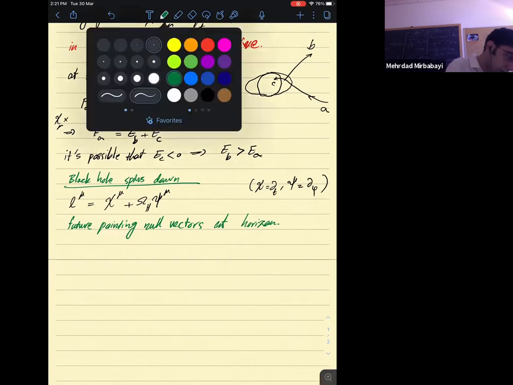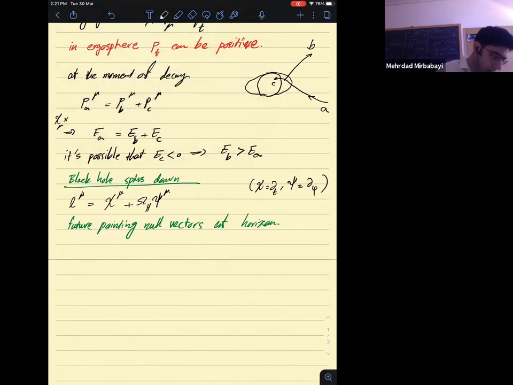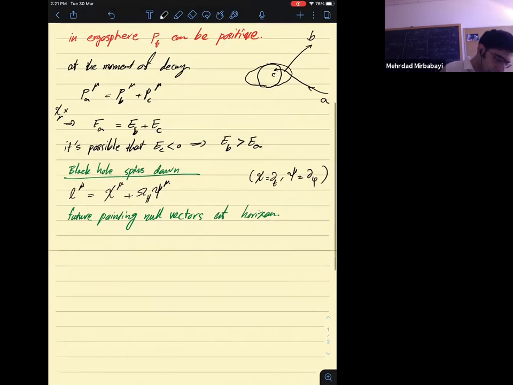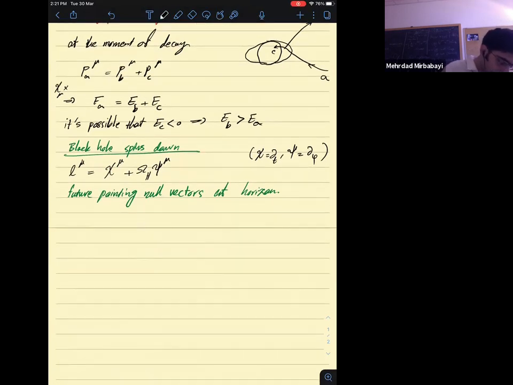So now let us imagine that there is a particle that falls into the black hole. We can look at this dot product of L mu times the momentum of that particle. Since I'm talking about a material particle, that P mu, the four momentum of that, should also be future pointing. L mu is future pointing.